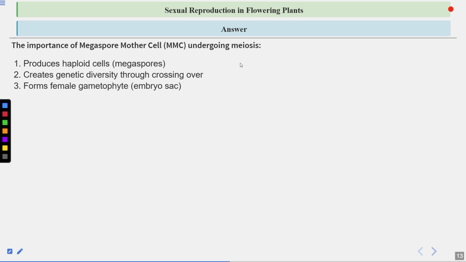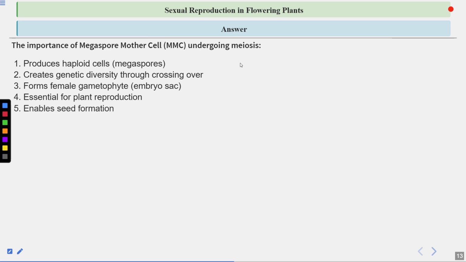They form the female gametophyte, which is called the embryo sac. Gametophyte means a haploid structure. The embryo sac is essential for plant reproduction, and its formation is very important because it is required for the reproduction process.